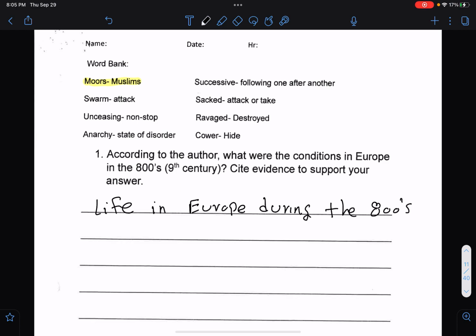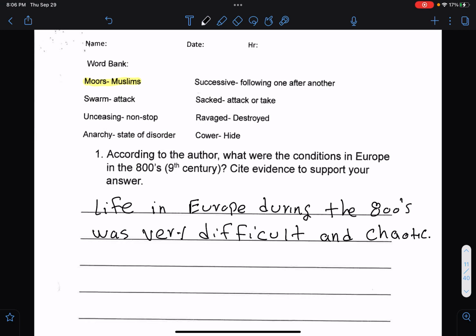Alfie's playing with a squeaky toy and it's distracting me. I don't know if you guys can hear that squeaky toy. It's really bothering me. So this is a claim. But now we need evidence.